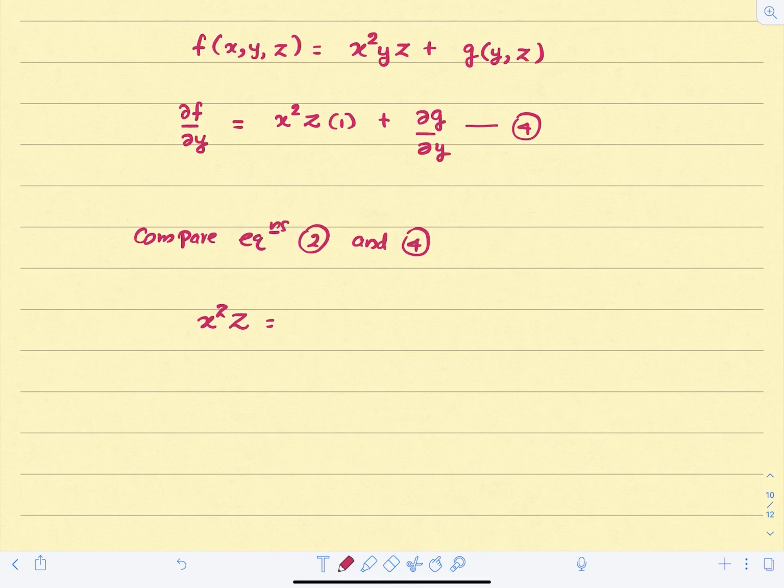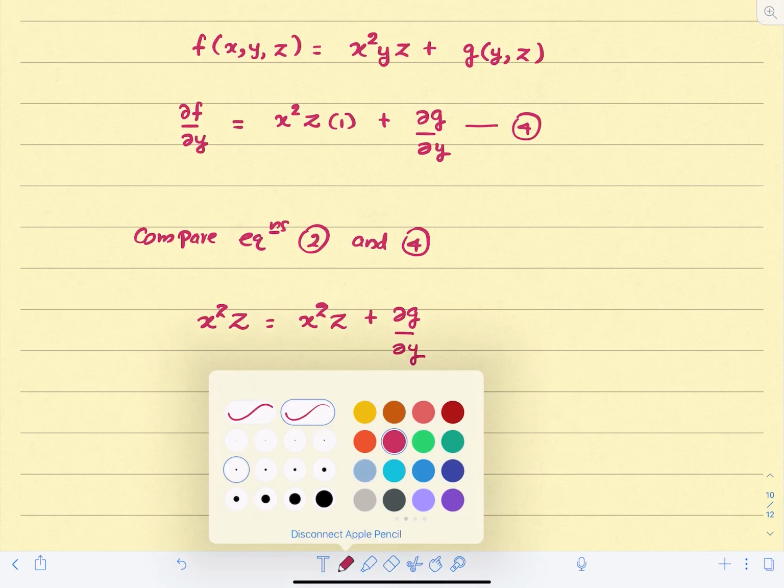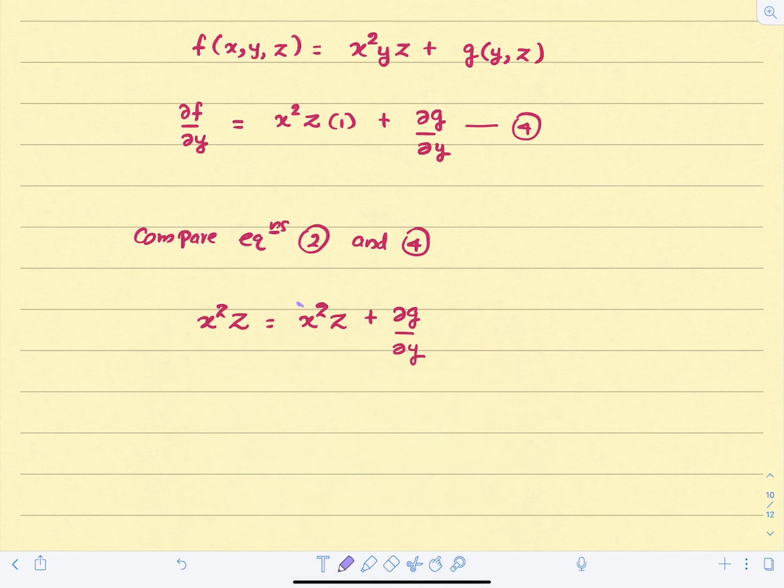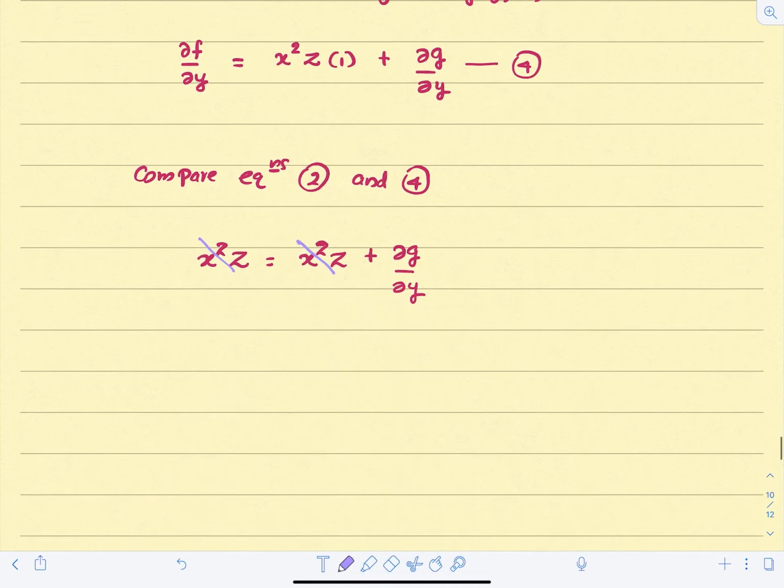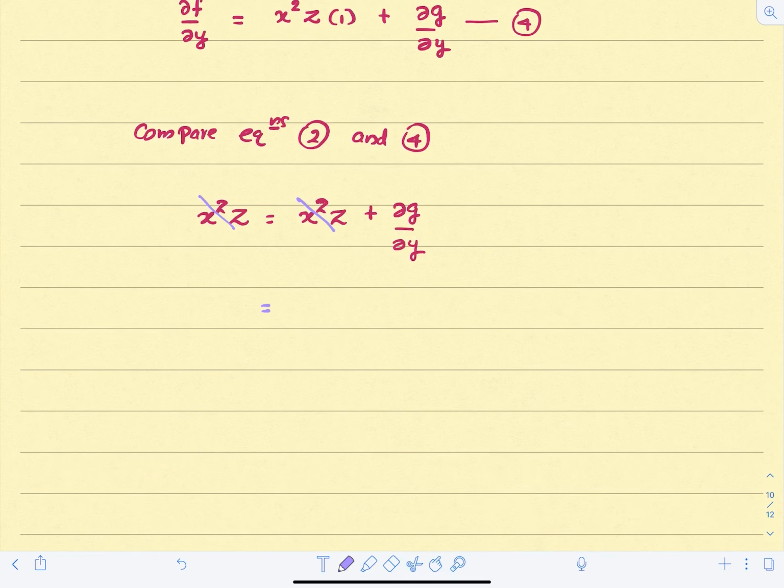But equation 4 says partial f over partial y equals x squared c plus partial g over partial y. Now this means, if you simplify, this says partial g over partial y equals 0. But remember, this g is a function of y and c.